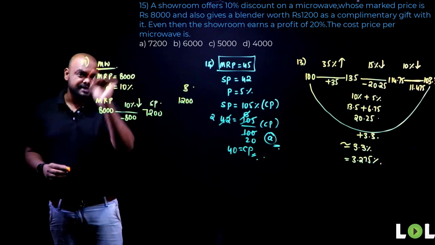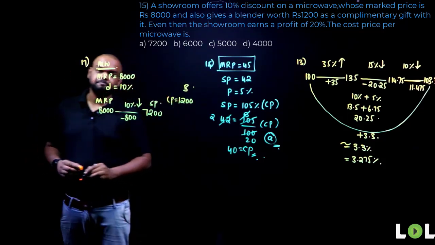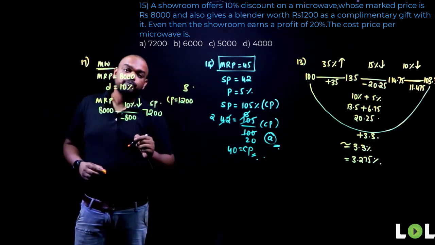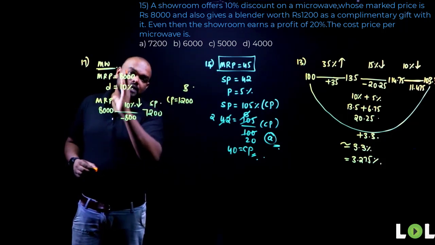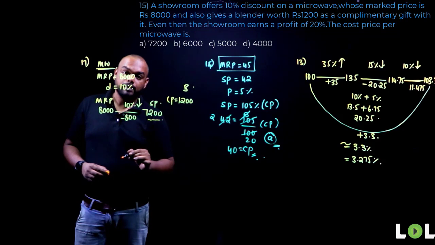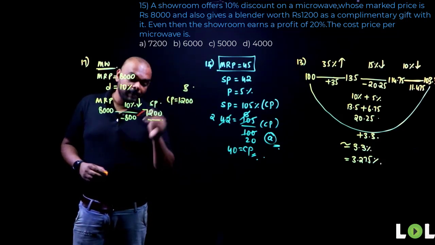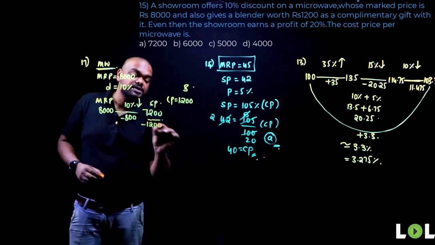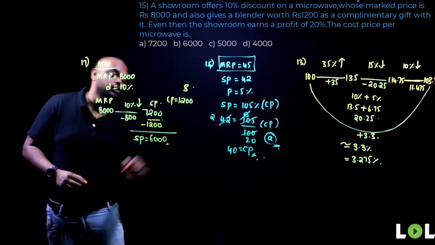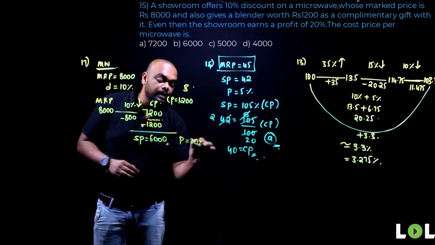Careful. Understand this. See, the blender's cost price is 1,200 rupees. That's what he told. Because it's worth 1,200, they give it for free. Now, guys, if he takes only this microwave, the customer will be paying 7,200, right? If they are giving a blender worth 1,200, we have to subtract that as well from this. So the actual selling price will be only 6,000 rupees, and still they are making a profit of 20%.